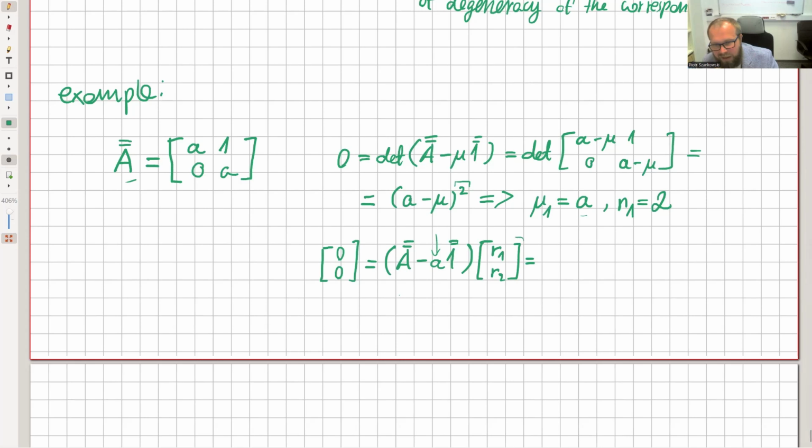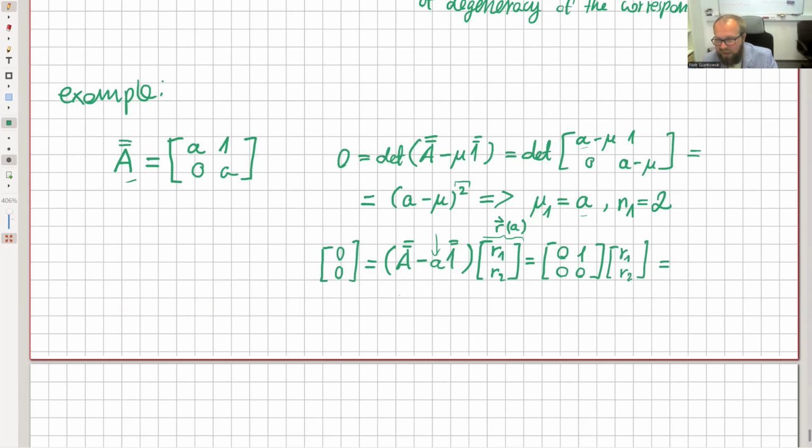Okay, and this is not very difficult to find. So this would be R vector of a, the eigenvector corresponding to eigenvalue a. We can just calculate this. Our matrix has ones and a's on the diagonal. If you subtract a from the diagonal, you get zero everywhere except for this upper corner, acting on R1, R2.